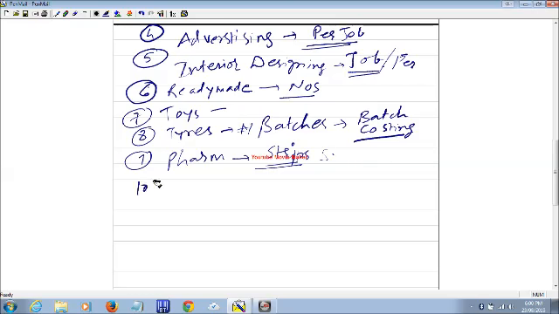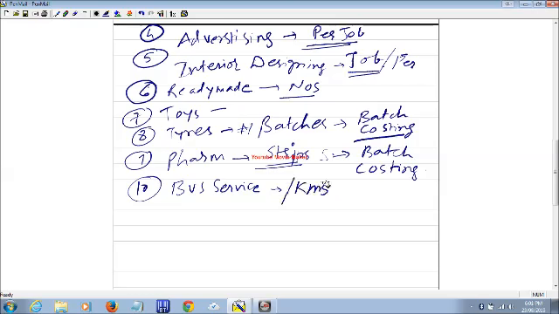When you go to purchase any kind of medicine, for example Saridon, you ask, give me 10 strips of Saridon. So the pharmaceutical is measured in strips. This is a batch costing, where the production takes place in batches.